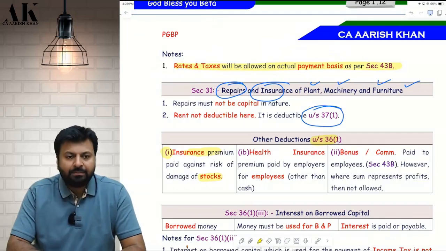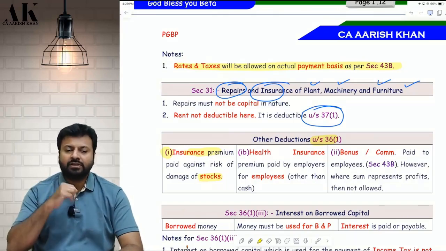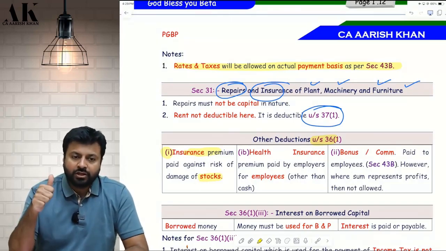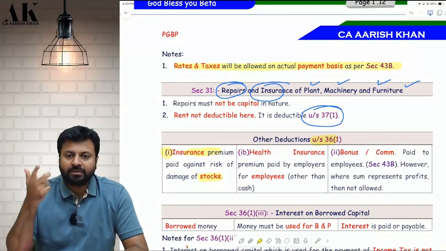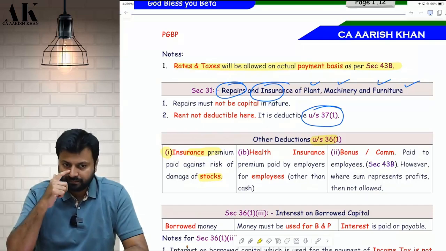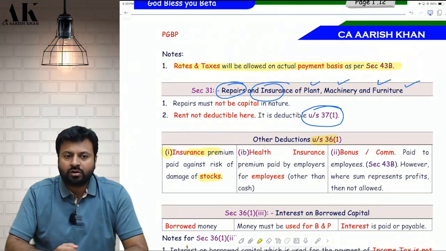So insurance premium paid against risk of damage of stock, it will be allowed as deduction. See how beautifully the law is drafted. Pay attention, please. Section 30, you are insuring your building. Section 31, you are insuring your plant, machinery, furniture, okay. Now section 36, 1(1), you are insuring your stock, okay.